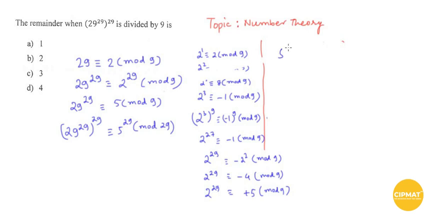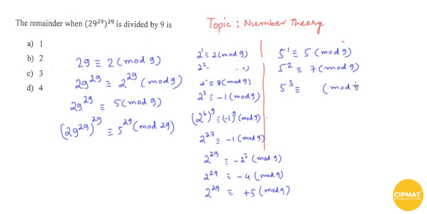We know 5 to the power 1 is congruent to 5 mod 9. Then 5 square is congruent to 7 mod 9. And we are going to have 5 cube, that is 125, congruent to what mod 9.